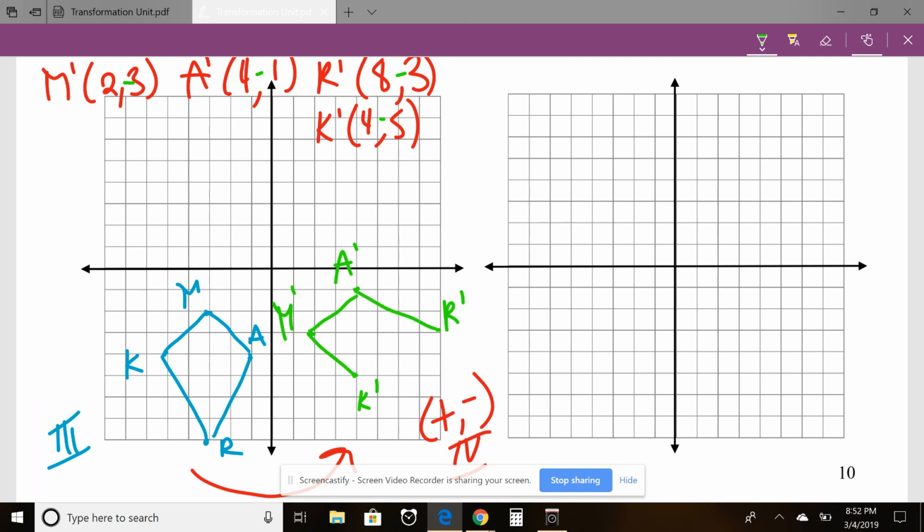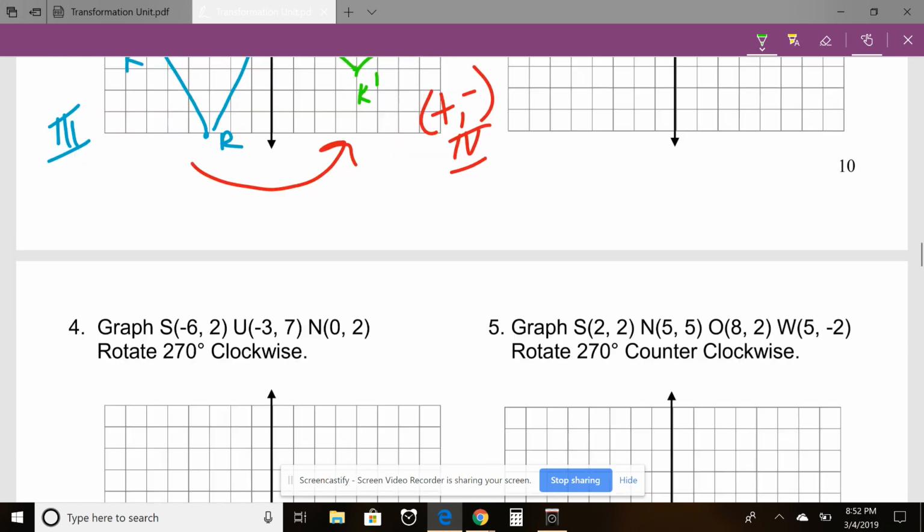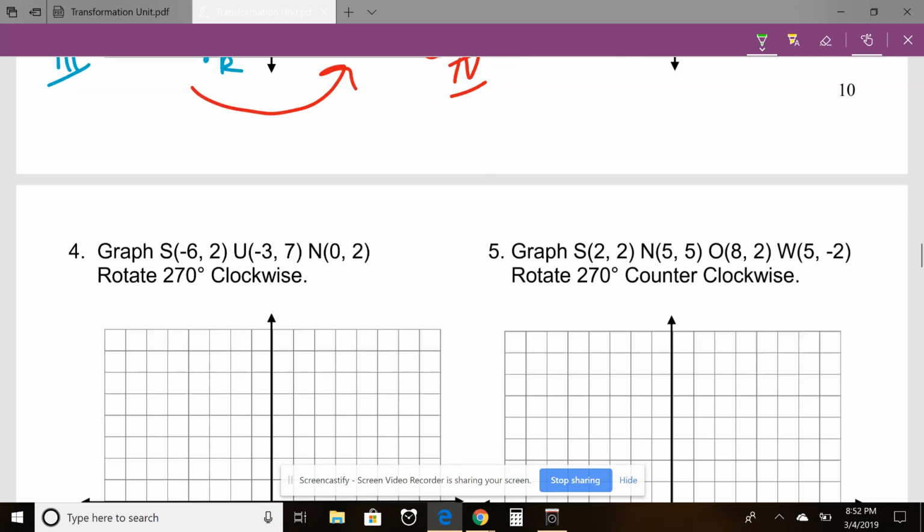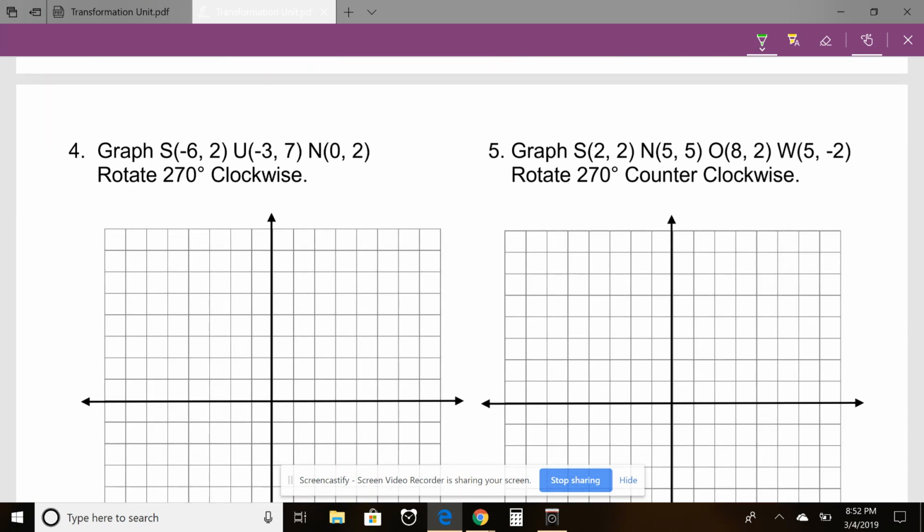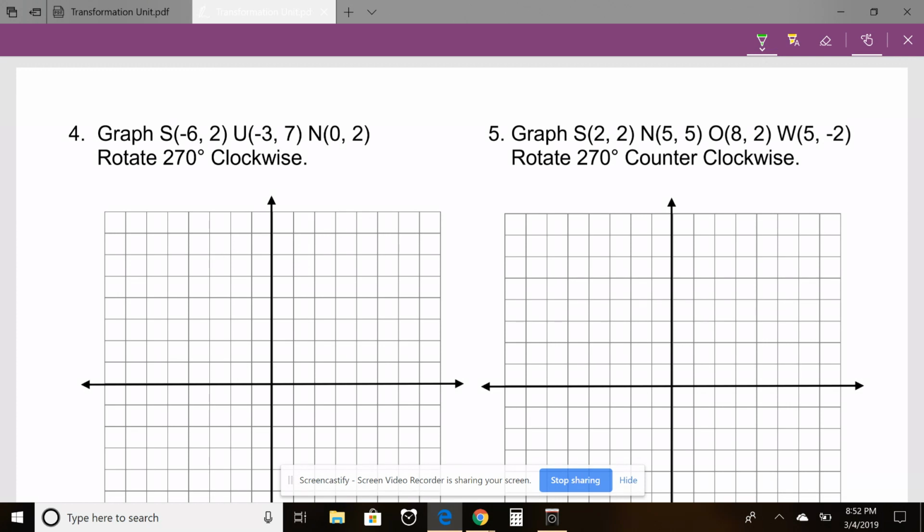There's my kite rotated 90 degrees counterclockwise. And like I said before, 270 degrees clockwise is the same thing as 90 degrees counterclockwise.